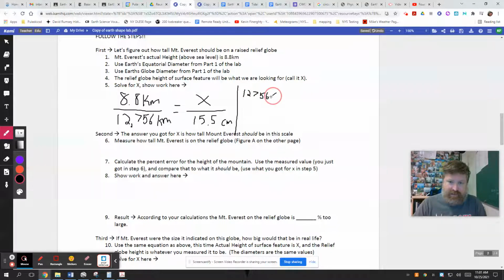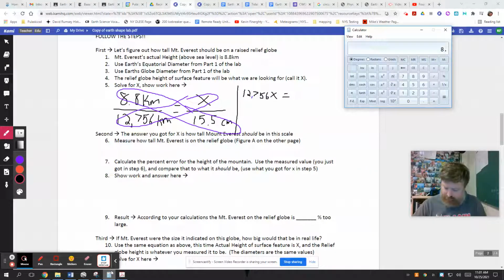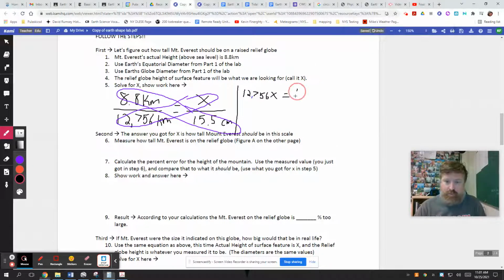12,756 X. And I did that. I see folks around here like to do the circling thing. So I'm doing that multiplied by that. So 12,756 X equals 8.8 times 15.5, 136.4.